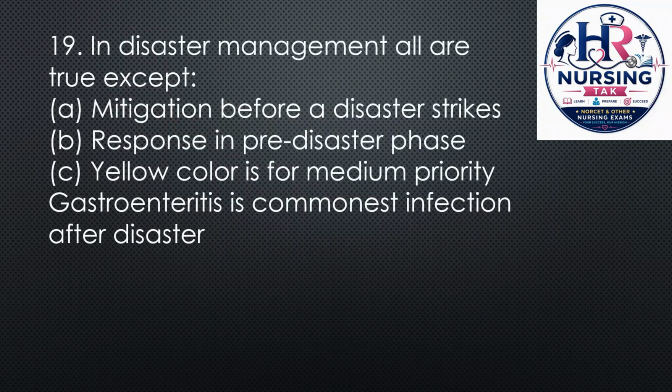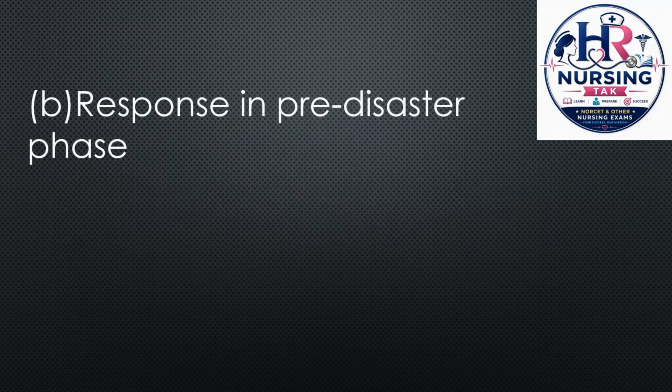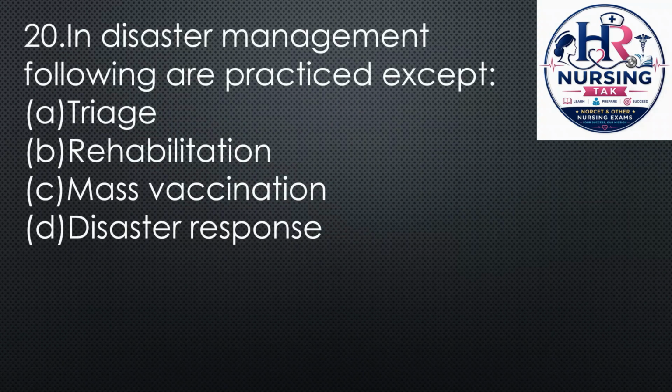Question 19. In disaster management, all are true except A. Mitigation before a disaster strikes. B. Response in pre-disaster phase. C. Yellow color is for medium priority. D. Gastroenteritis is commonest infection after disaster. Answer is B. Response in pre-disaster phase. Question 20. In disaster management, following are practiced except A. Triage. B. Rehabilitation. C. Mass vaccination.